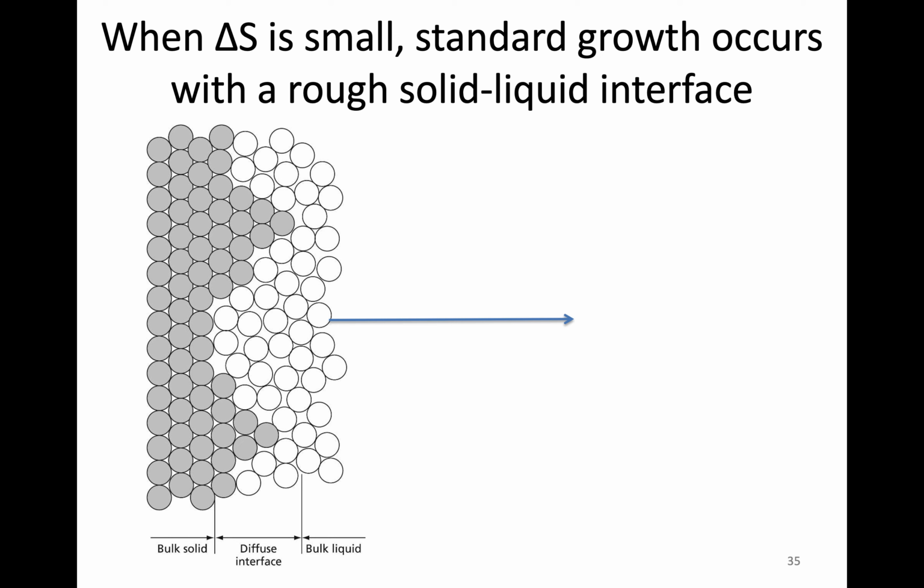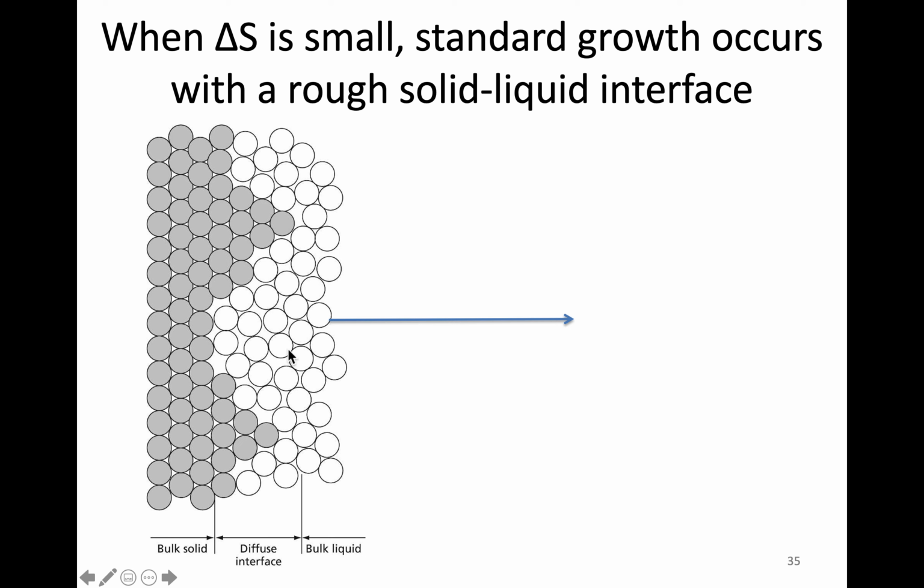And we tend to define growth based on entropy. In this case, we have a very rough surface, which is a rough solid-liquid interface. And because it's very rough, the difference in entropy between the liquid and the solid is quite small. So the delta S is small.